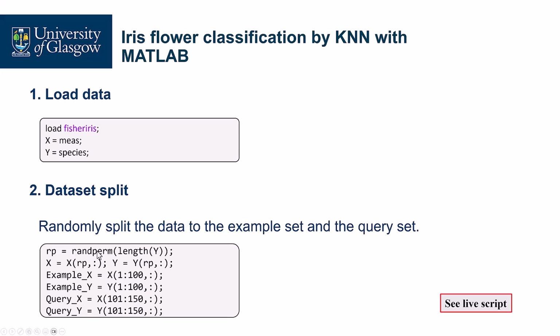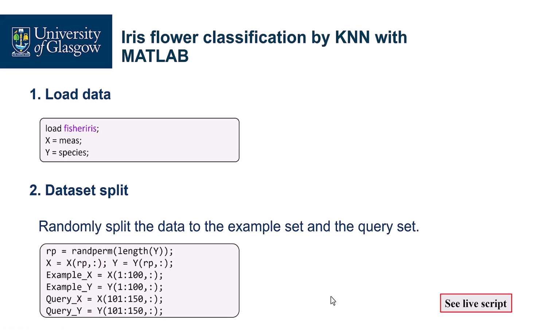This one generates a random permutation of a certain length. We generate a random permutation, and we pick the first 100 of them to be example data and the last 50 to be the query data. Then we can see how we do the KNN model.